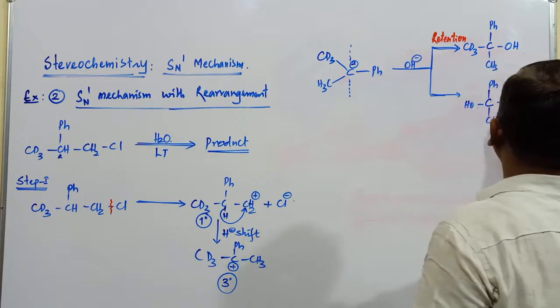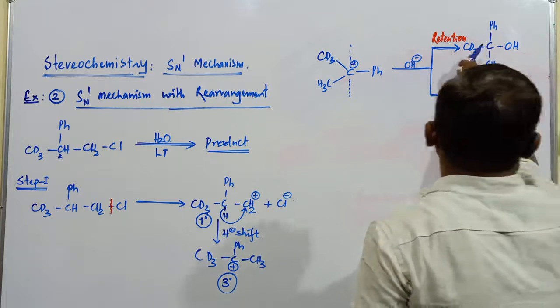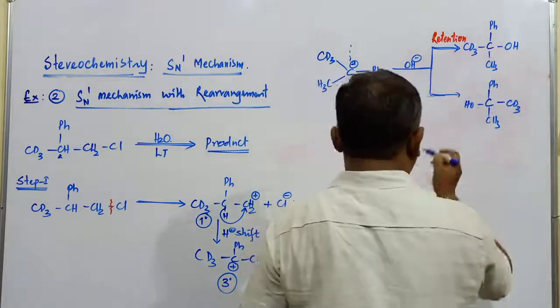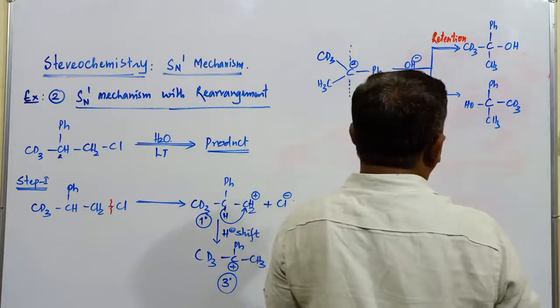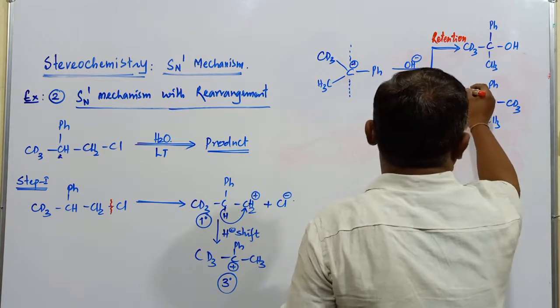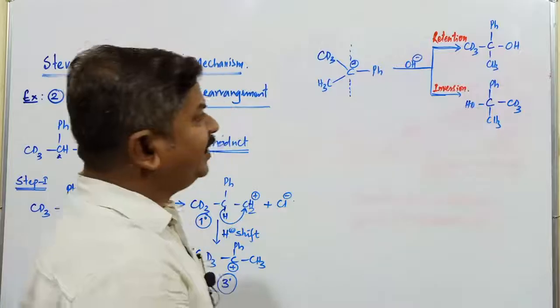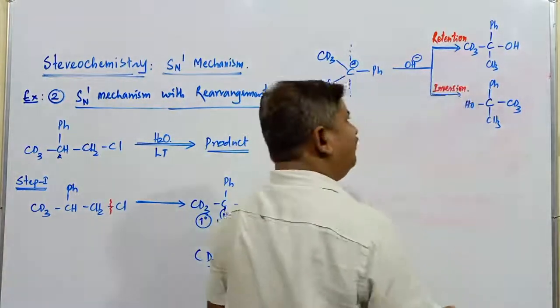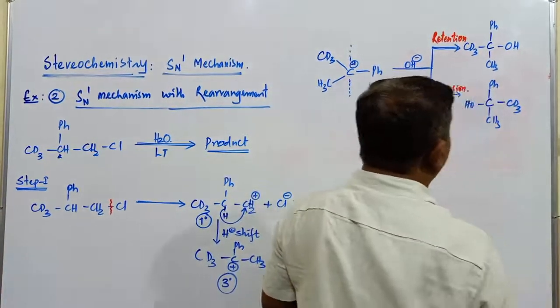OH, and this is CD3. If CD3 goes here, then OH minus attacks on the opposite side, and this type of configuration is generally called what? Inversion of configuration. Does it lead to the formation of a racemic mixture, are these two mirror images of each other? Definitely these two are mirror images of each other.